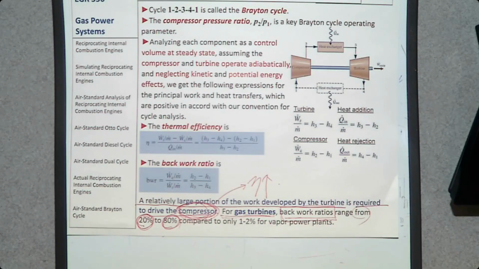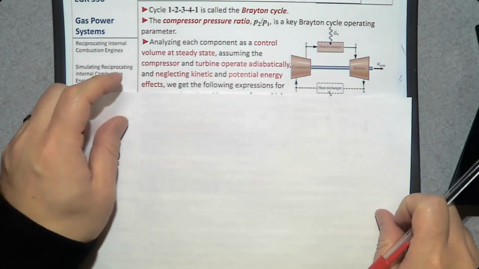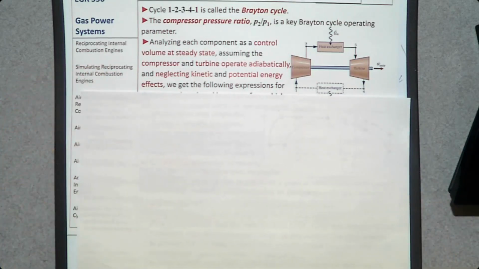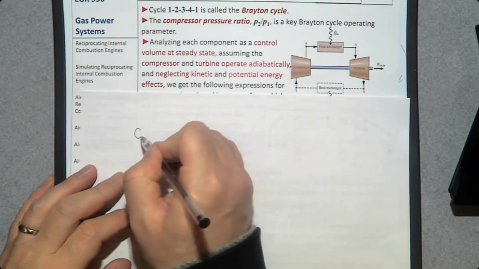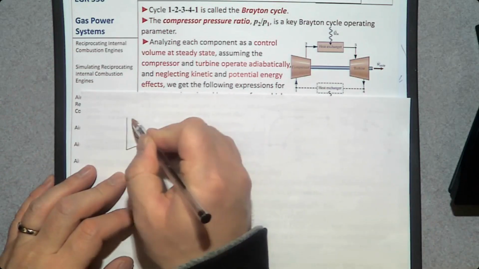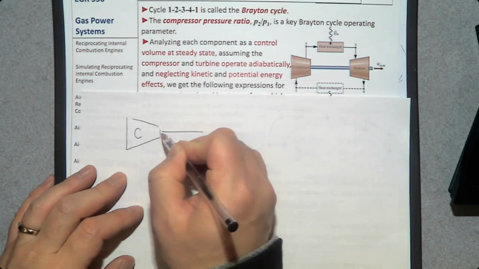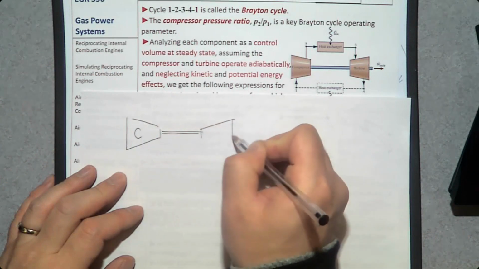Okay? Then, let's solve this air standard Brayton cycle by thermodynamic equation, which is the energy balance equation. So how can we do that? We have a compressor, and it's going to be run by the turbine.